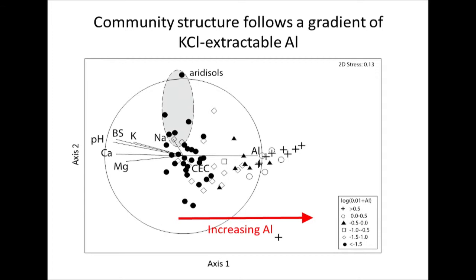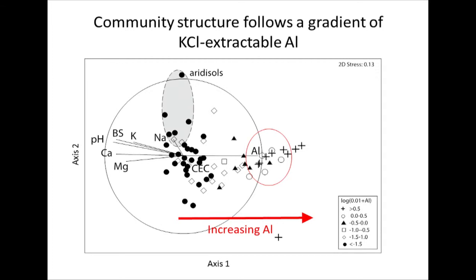And then when you look at the univariate relationships between the soil chemistry and the community structure, you see a very high, significant correlation between aluminum and community structure. The circle that surrounds this diagram represents a Pearson correlation coefficient of 1, and the straight lines are the Pearson correlation coefficients.